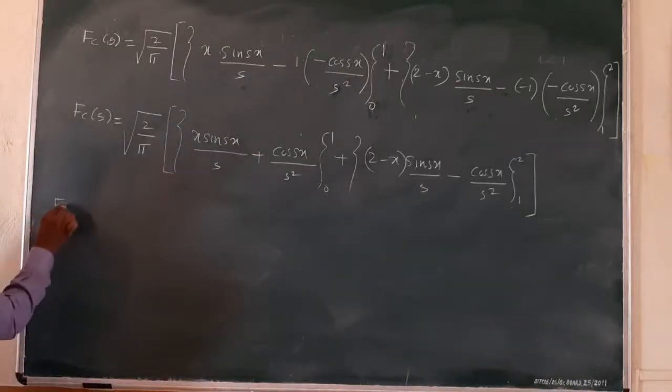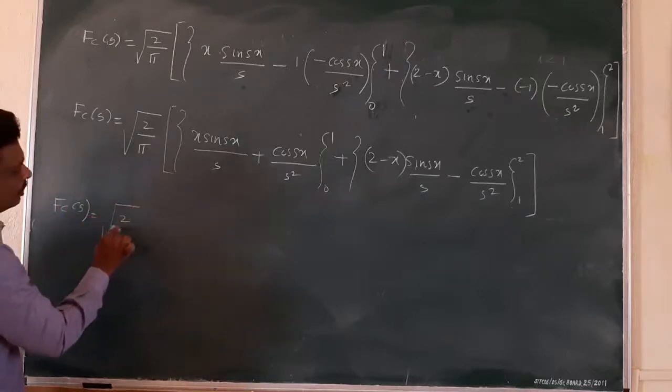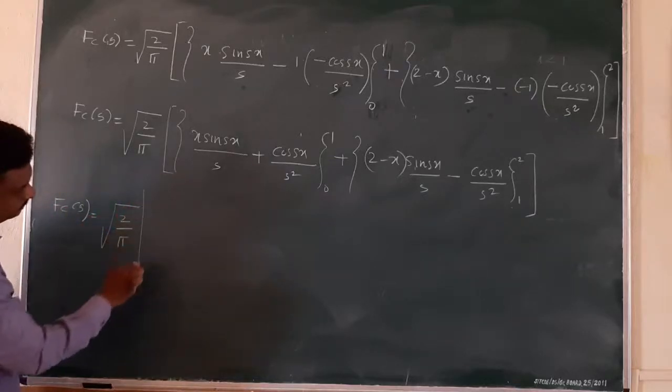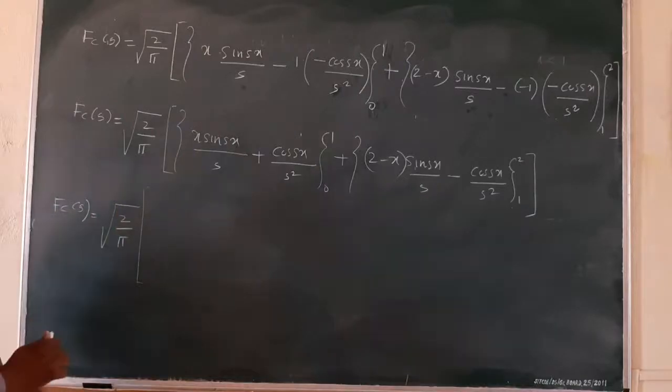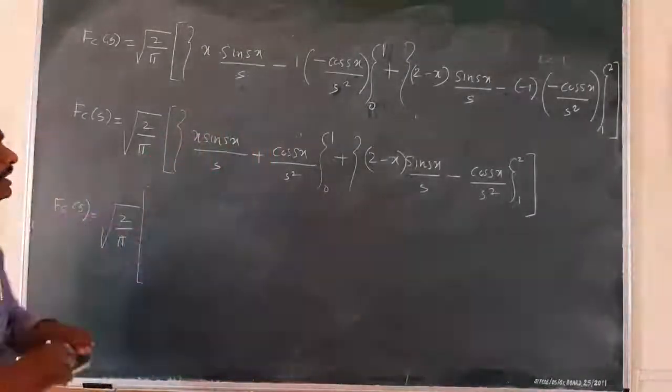Therefore Fc of s is equal to square root of 2 upon pi. So here I will put the upper as well as lower limit. Upper limit is 1 here.